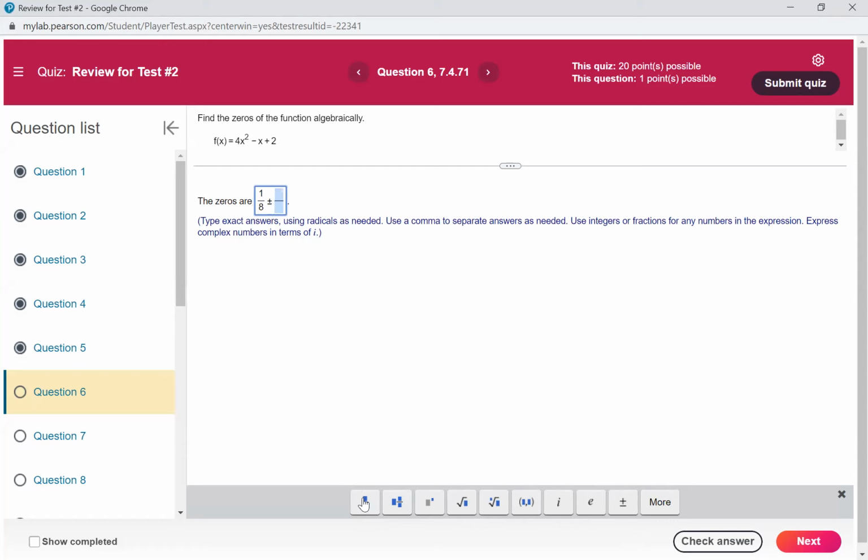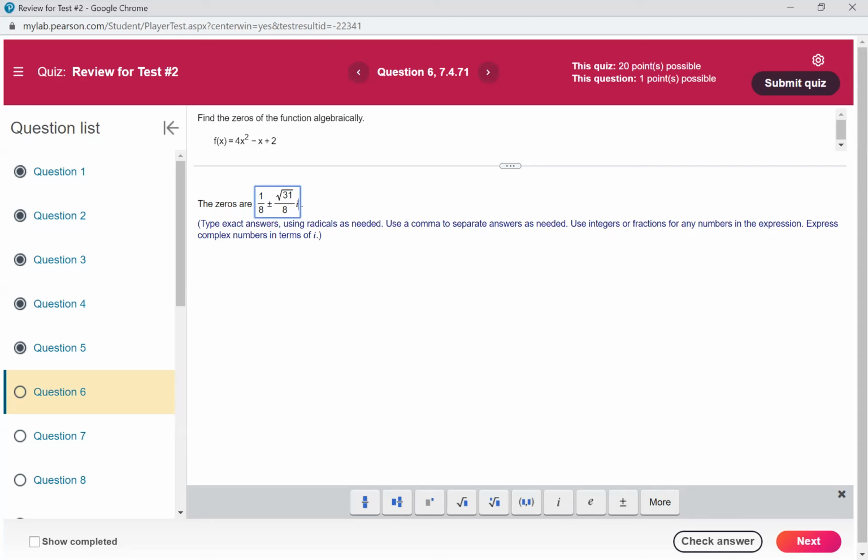I'm going to put the square root of 31 on top. On bottom will be the 8. And then I'm going to arrow right and put that i down here. Okay, but remember, you could do i square root of 31/8 either way, as long as the i is not under your radical, okay?